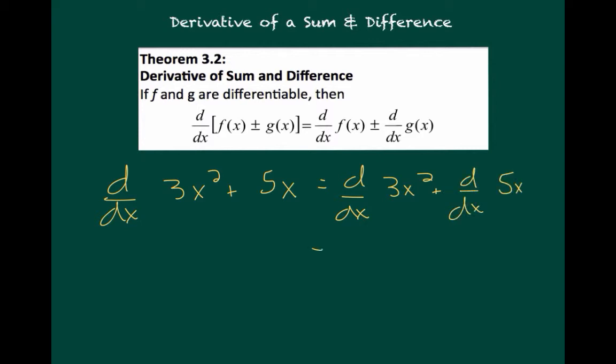Now, we've already seen this last chapter, so it's not a big surprise, but we can use the power rule, combined with the constant multiple rule, to get 6x, and then we will get the derivative of the second term and get plus 5. Alright, so it's, again, not very difficult, but when we get into more complicated functions, it might help to have learned this with easier ones like this.